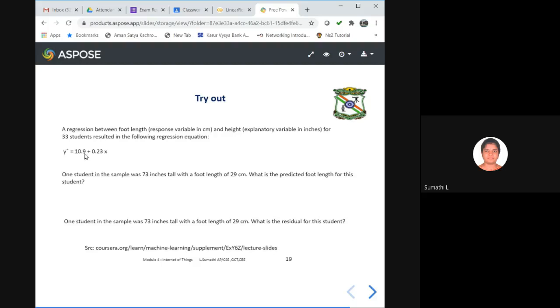That means here your theta naught is 10.9 and theta 1 is 0.23. Now my question is, one student in the sample is 73 inches tall with a foot length of 29.